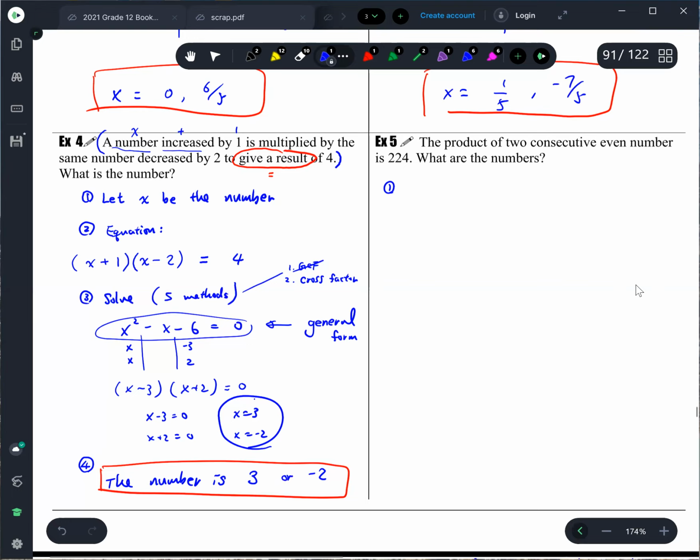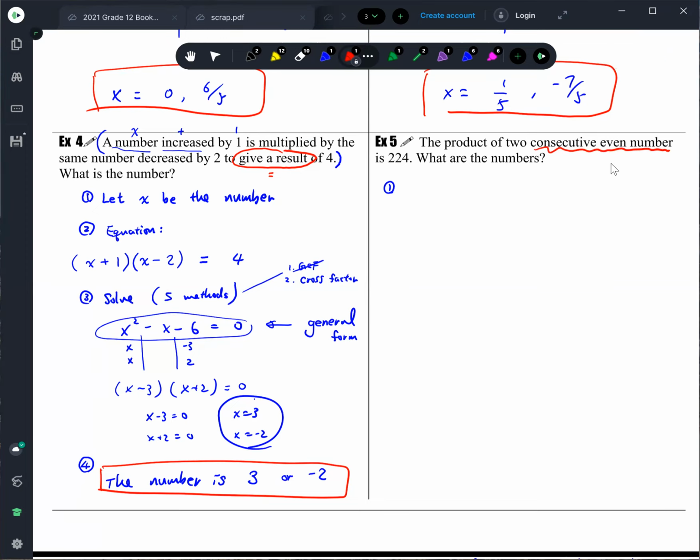Yes, Kat, yeah, we are doing question 5 right now, okay? So the product of two consecutive even numbers is 224. Consecutive even numbers, what does that mean? Anya, what is consecutive even numbers?